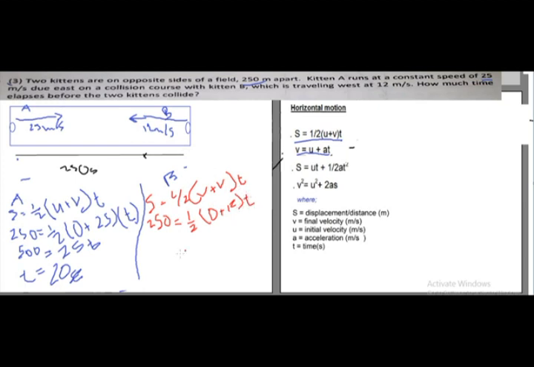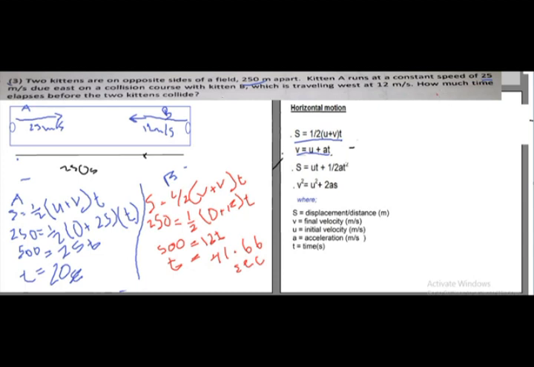The time is unknown. So 250 times 2 is 500, which is equal to 12t. Divide both sides by 12 and t will be equal to 500 divided by 12, which is 41.67.